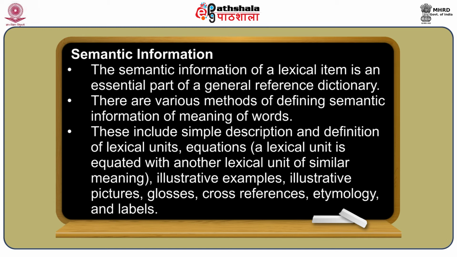These include simple description, definition of lexical units, equations, where a lexical unit is equated with another lexical unit of similar meaning, illustrative examples, illustrative pictures, glosses, cross references, etymology, and labels. All the different types of mechanism enumerated above are not required for each lexical item.